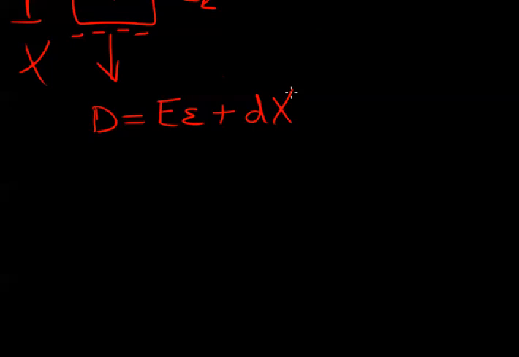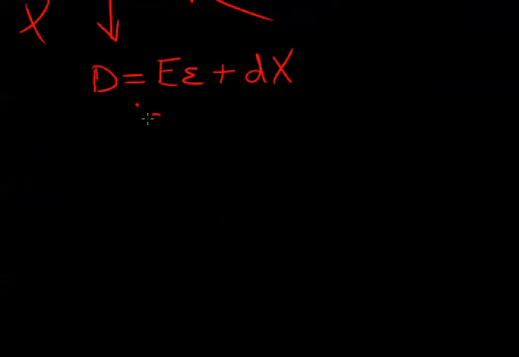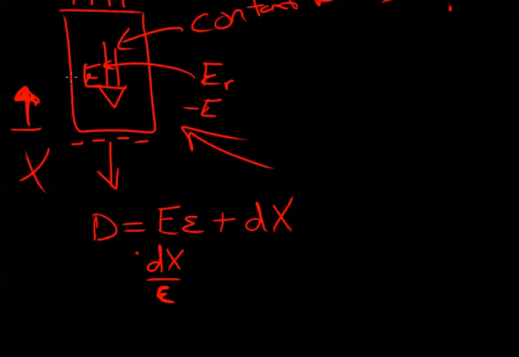I told you at the very end of the last lecture that the electric field induced in the material, so for example in this situation, is equal to dx over epsilon. And because of this coordinate system here, this reverse field is negative. It's a negative field. Plus epsilon, plus dx.